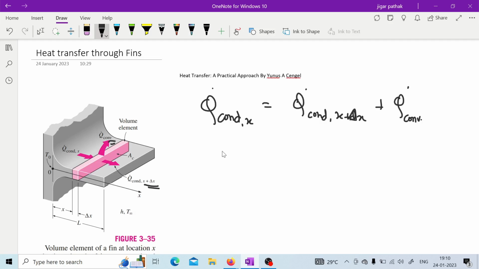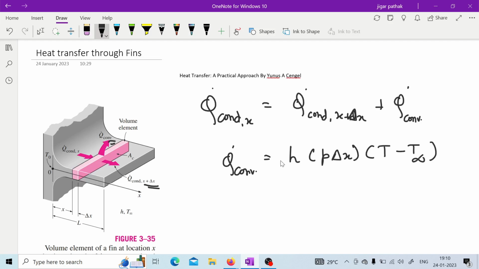Now as we know, convection is given by hA delta T, where A is nothing but the perimeter into the length delta x, and here the temperature difference is T minus T infinity, the atmospheric temperature.